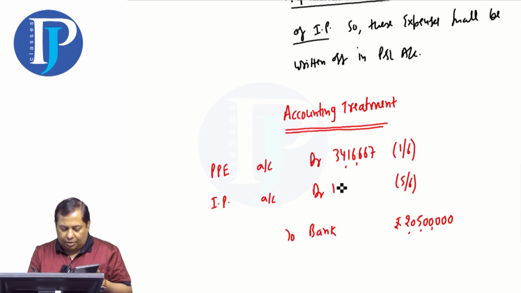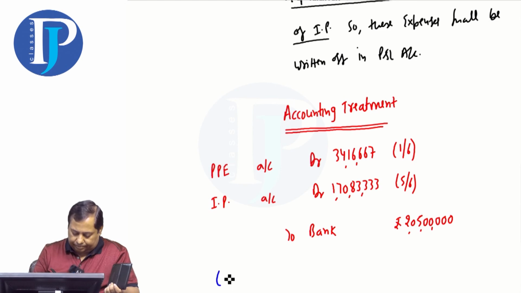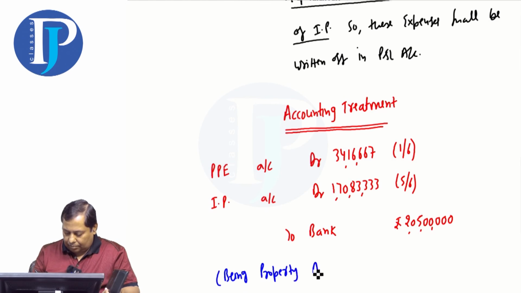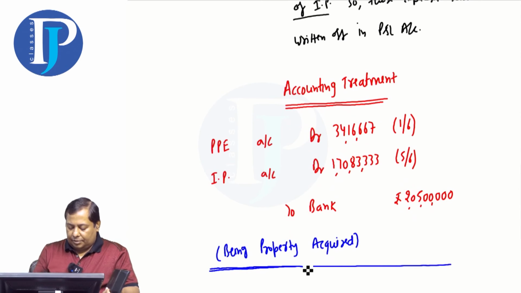And this will be 1 crore 70 lakhs 83,333 rupees. This is the solution.